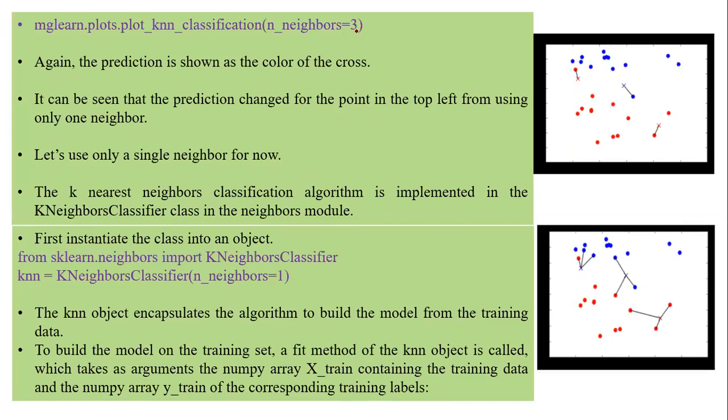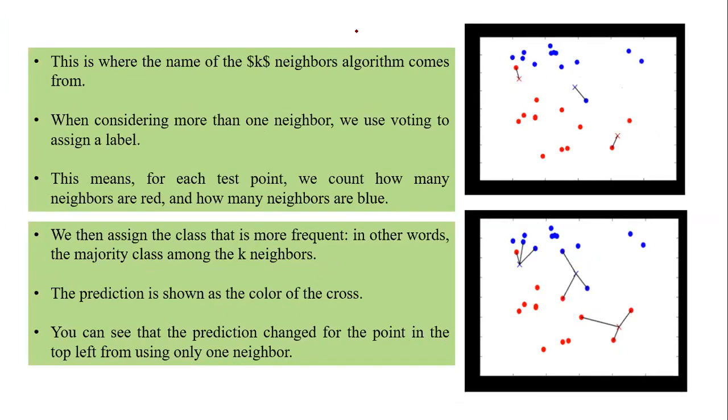So look at this. When we have k equal to 1, we got this plot. And when we have k equal to 3, then see this plot.